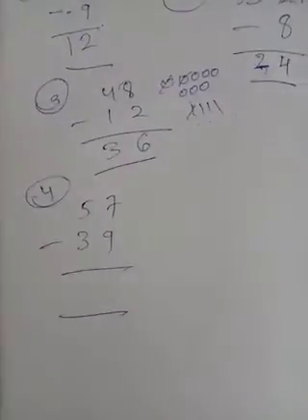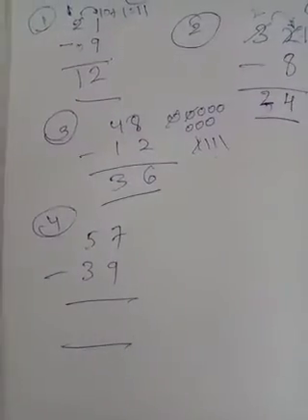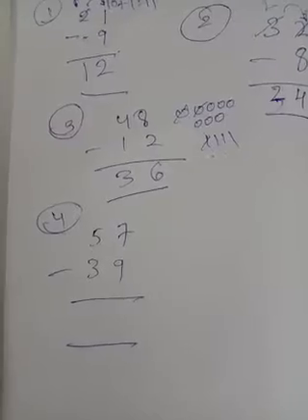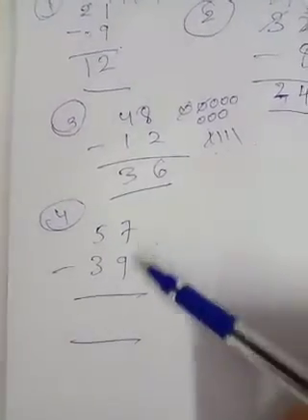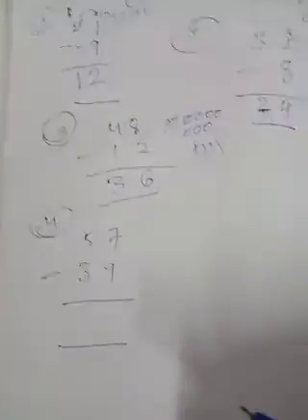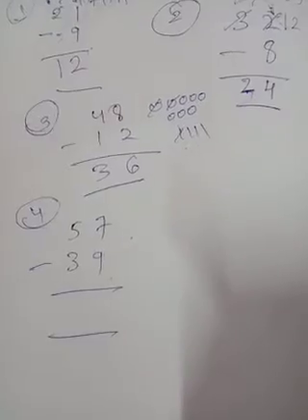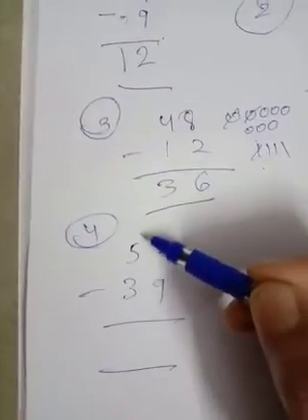You do this problem, children. Here the up one is 7 and the down number is 9, so subtraction is directly not possible. So we take borrowing. From which place? We take borrowing from the tens place number 5.